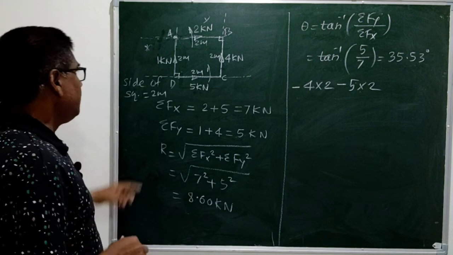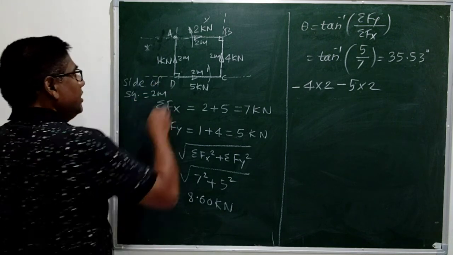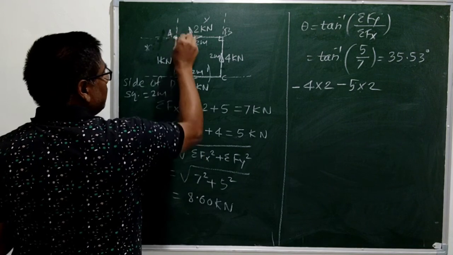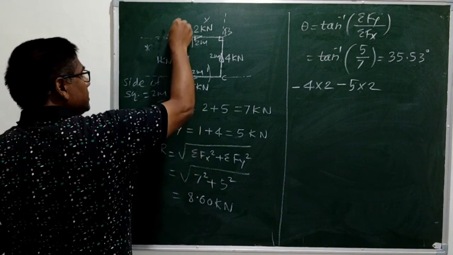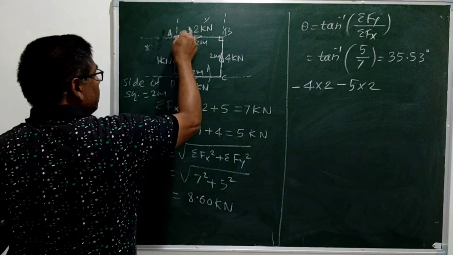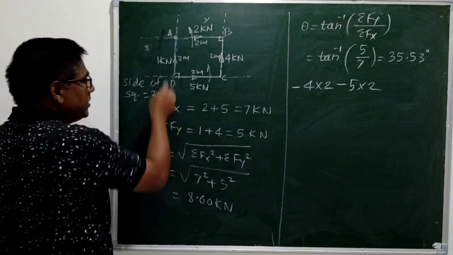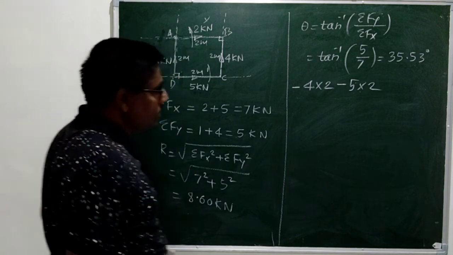Now this force is passing through this point about which we are taking moment, as the line of action of force is passing through this point, we will not get any perpendicular distance. Therefore the moment of this force is also 0.